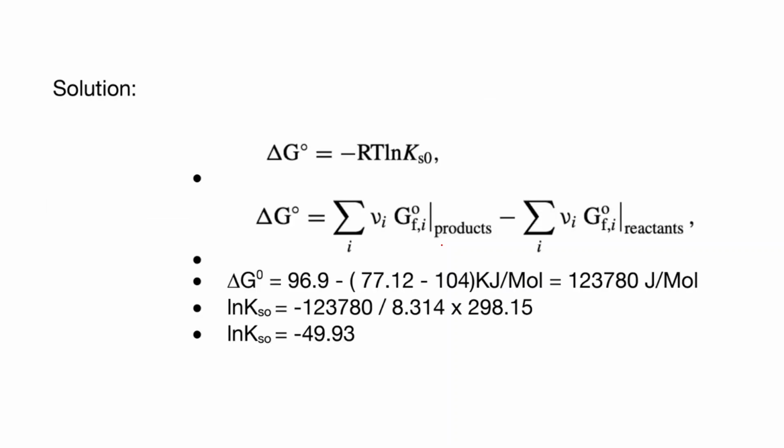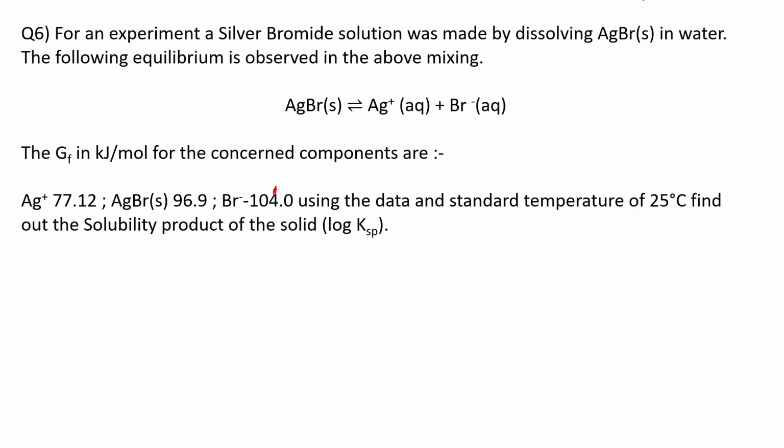Let's see the solution. So delta G is minus RT ln K. What is delta G? It should be the Gibbs free energy of formation of products minus the Gibbs free energy of formation of reactants. You can see this was the product and these are the reactants.